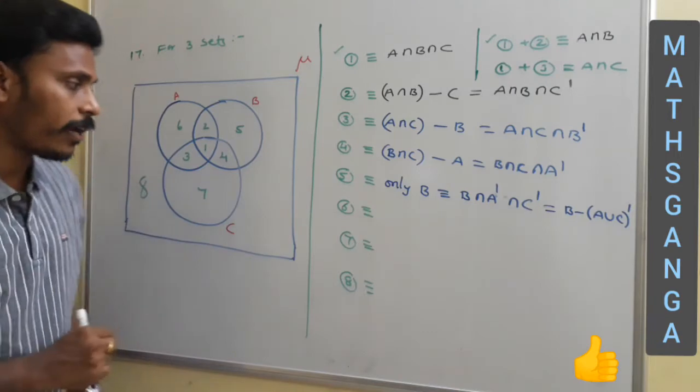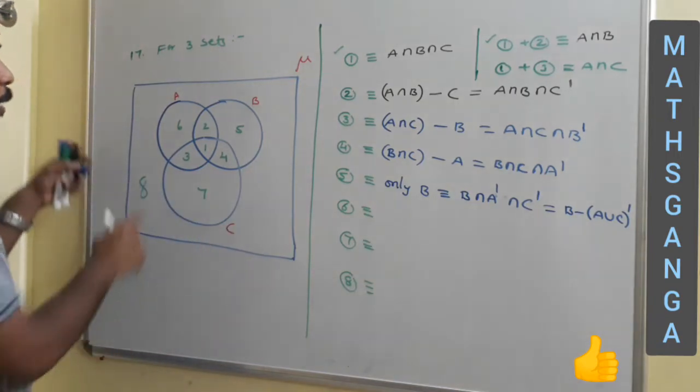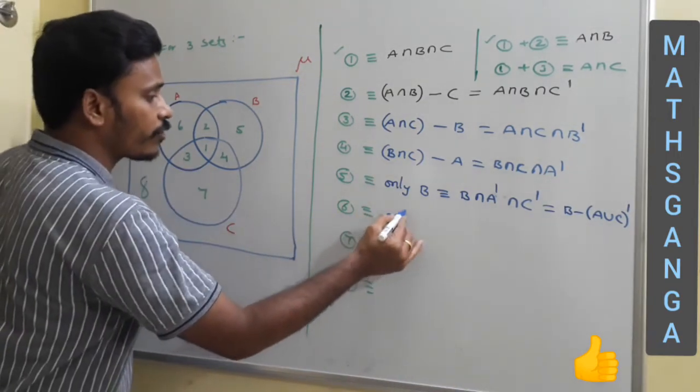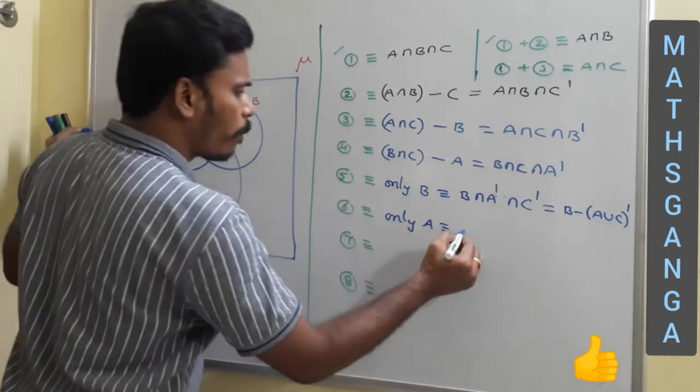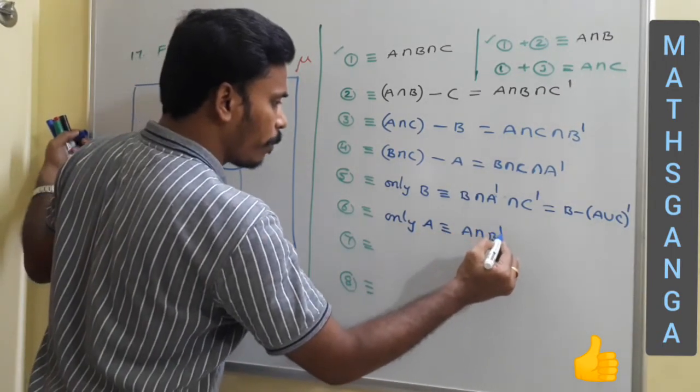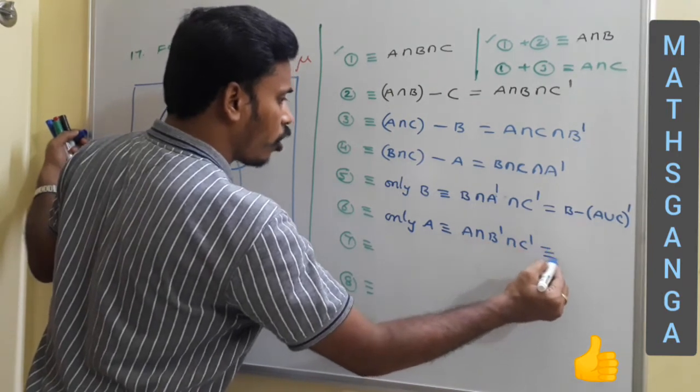You need to think, right? In a similar way, coming to 6. 6 is just the region only A, and when related to the complements, A intersection B complement intersection C complement.